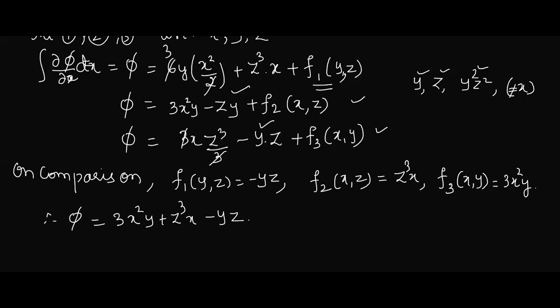Similarly, if you do it for the second equation and substitute for f2, you'll get the same terms, only the order may change. If I substitute in the third expression for f3, again the order may change, but you will get the same terms only. So what we did, we reduced the three expressions into one.